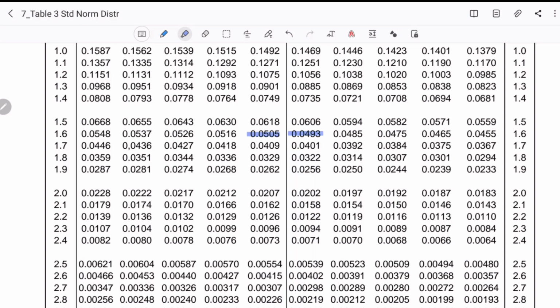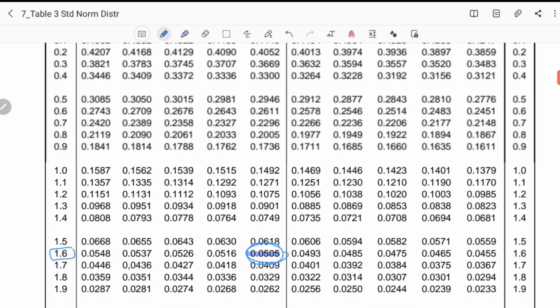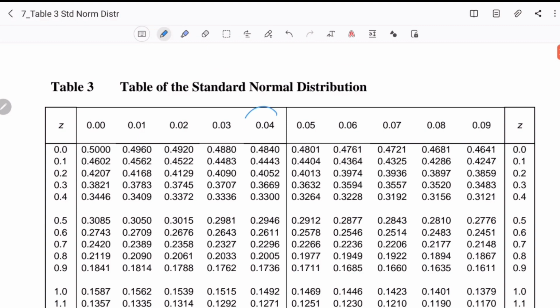So we take the closest one. So the closest one to 0.05 is this one, because the difference is only 0.0005. The other one, the difference is 0.0007. So here, the value of Z is 1.6 and the second decimal 4, so 1.64.